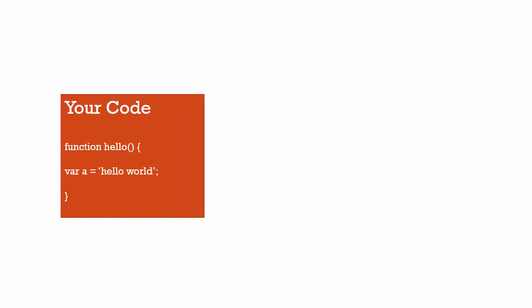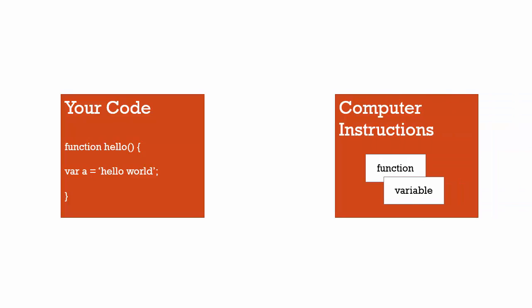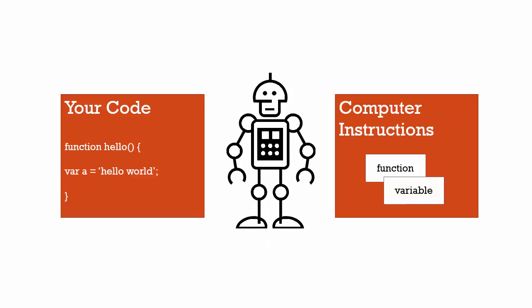You have your code that you've written, and there's a program that is going to convert what you've written into a real set of computer instructions, something the hardware can physically understand. So if you have a function with a variable, that function and variable will be represented in memory, but it's being translated from what you're writing, what is more human readable, to what the computer can understand. There's a compiler or an interpreter between those 2 things, and part of that is a syntax parser.